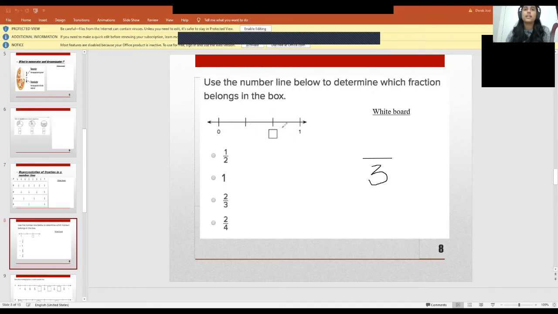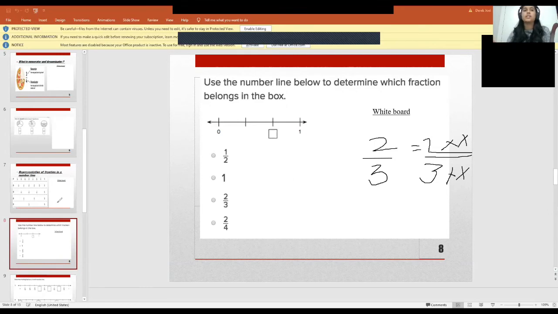So 1 and 2. 2 by 3. Can we represent it in simplified form? 2 can be represented as 2 into 1 by 3 into 1. Can we cut anything apart from 1? No, it's the same. Left hand side is equal to right hand side.